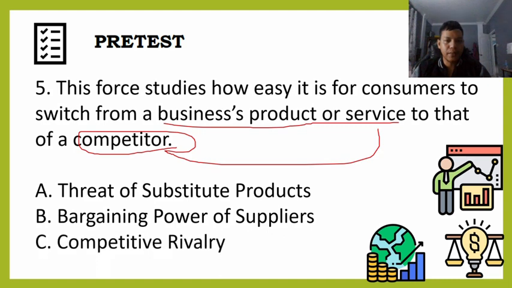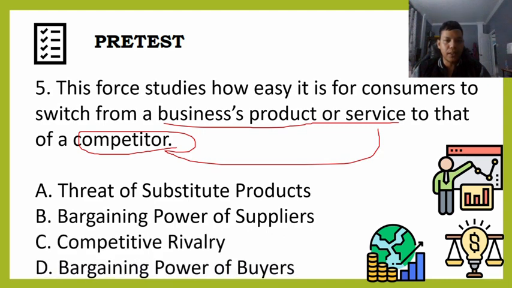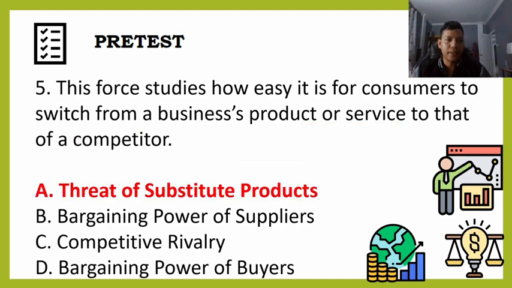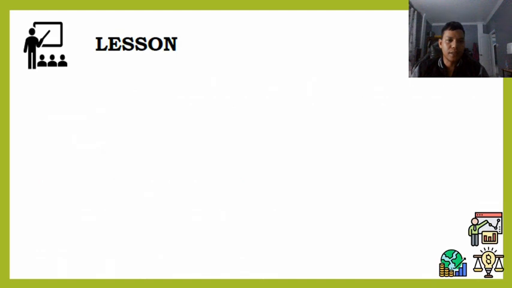C. Competitive rivalry. Or letter D. Bargaining power of buyers. The answer for number 5 is letter A, threat of substitute products. Congratulations to those who got the perfect score for the pre-test. Now let's proceed to the lesson for this particular topic.